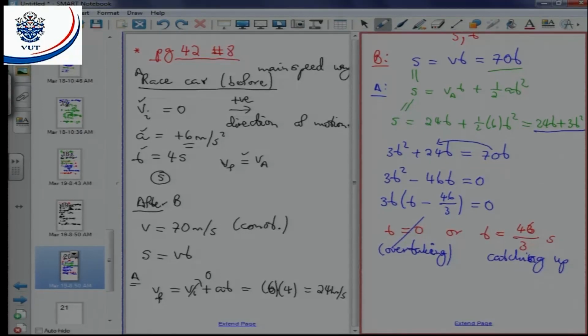So it's about 15.33. So T equals 15.33 seconds. Okay, what was the question? The question is, how much time is required for it to catch the other car? And that's the 15.33.